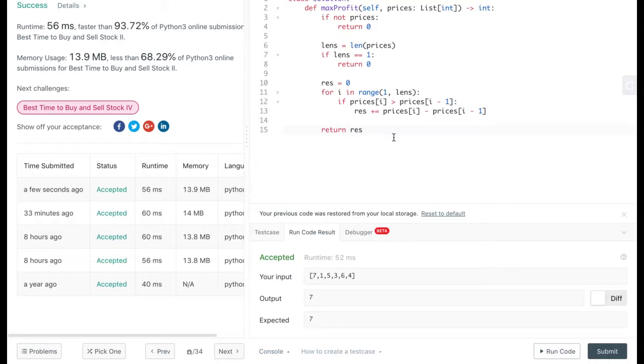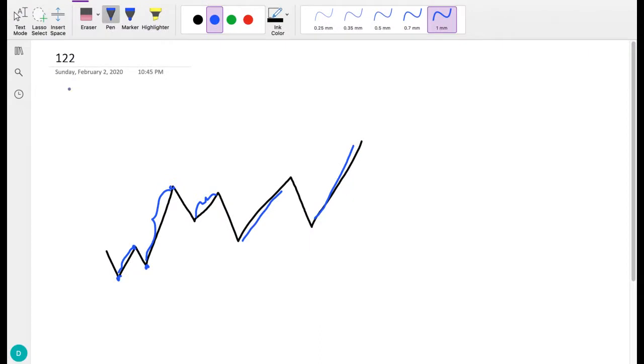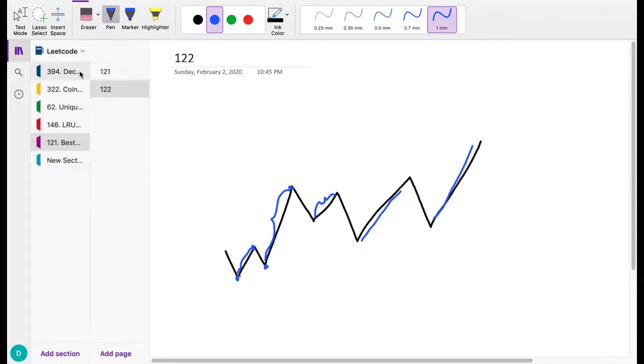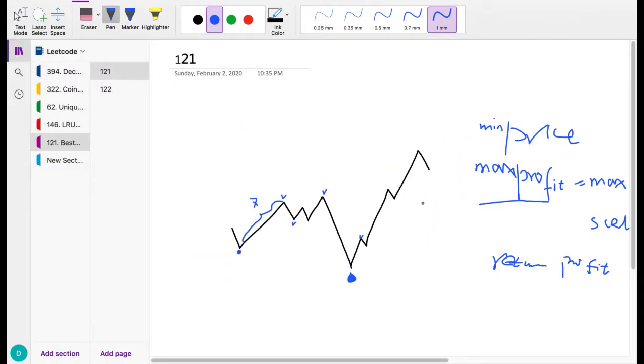And so in summary, we did 2 problems today. One problem is best time to buy and sell stock number 1. In that problem, we can only make 1 transaction, so we update the minimum price and at the same time update the maximum profit, in order to get the best profit.